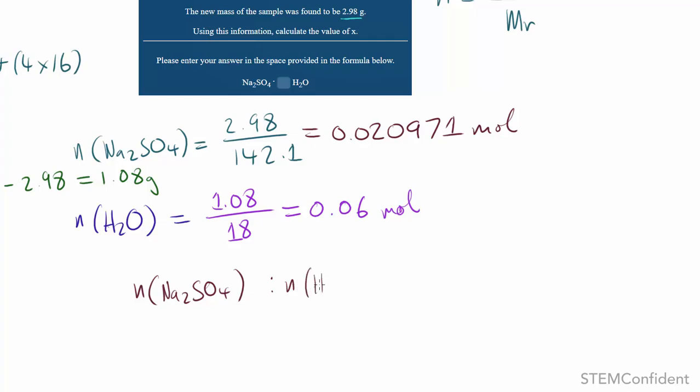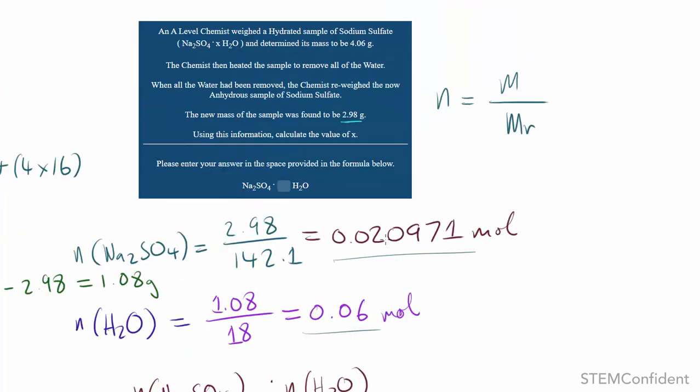So Na₂SO₄, compared to the moles of H2O. For the left-hand side, we worked this out here: 0.020971, in ratio to the H2O, which we worked out as well: 0.06. Now, this is the real framework we're thinking about when we're asking what the value of X is: for every 1 mole of Na₂SO₄, what's going to be the moles of H2O?